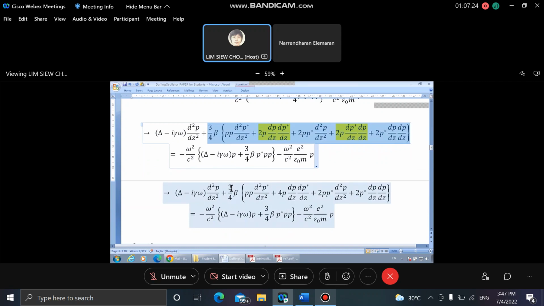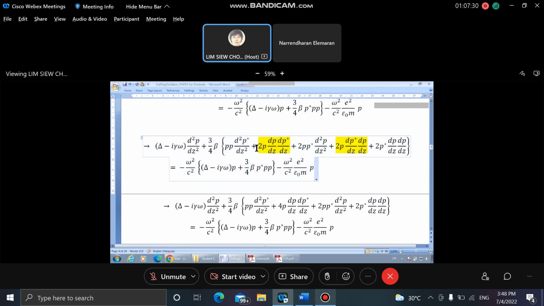Okay, and then after this, do I further simplify? Yes, after this I further simplify, because I found that this yellow term and this yellow term should be the same. The difference is the sequence of P, P star, which is the difference of the dP over dz and the dP star over dz.